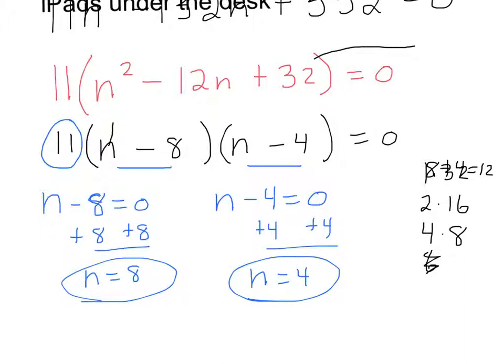Okay, now what's important is to recognize that if I were to draw a coordinate plane, we're saying that the graph is going to intersect the x-axis where? When we say our solutions are x equals 4 and x equals 8, we're saying it crosses the x-axis at 1, 2, 3, 4, right there, and 5, 6, 7, 8, right there, right?